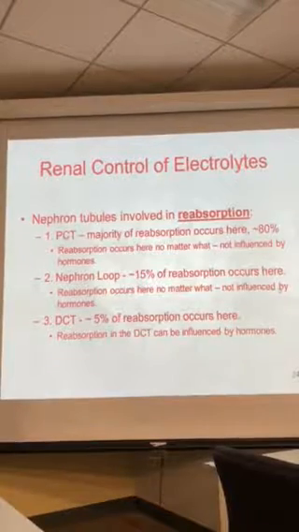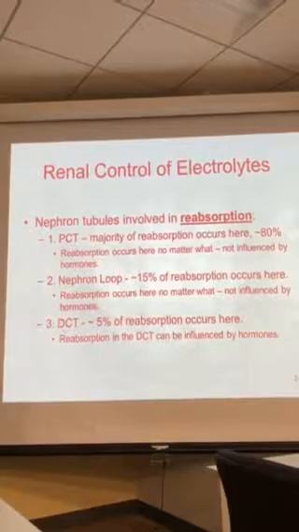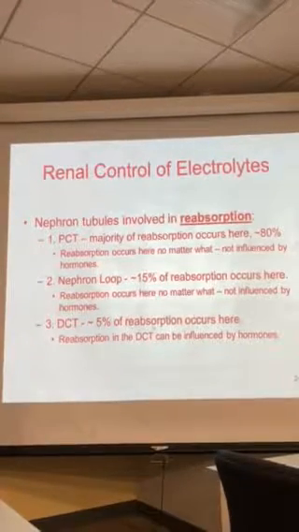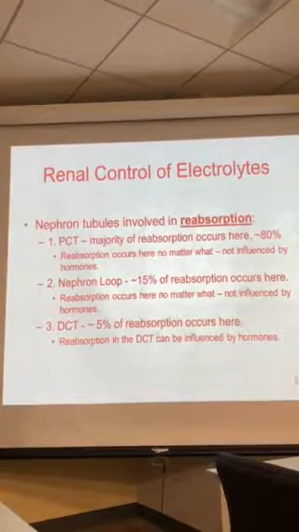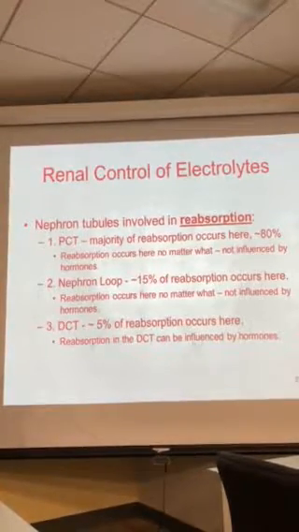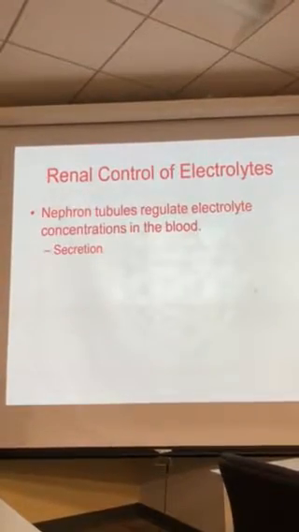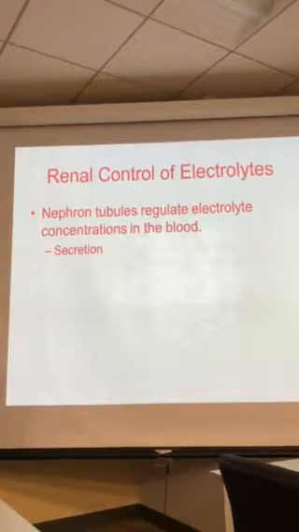It's concentration dependent there. But the distal convoluted tubule is a little different. 5% of the reabsorption is going to occur here, but reabsorption in this convoluted tubule can be influenced by hormones. Important to recall this. We'll take a look at this in a second.